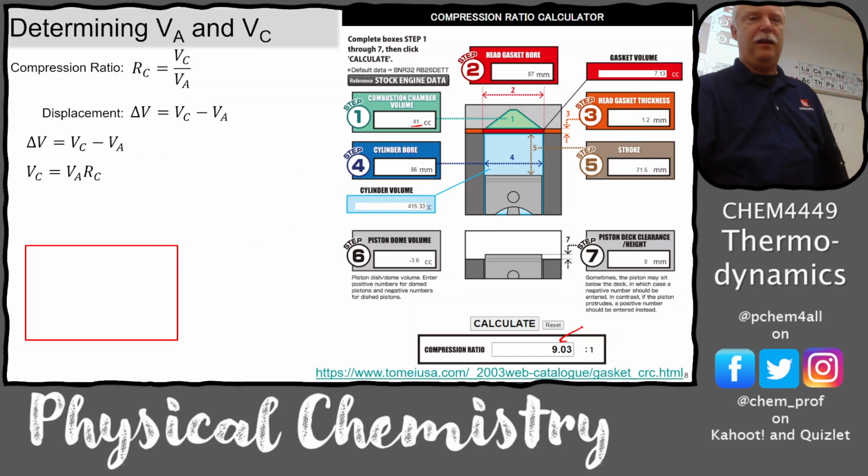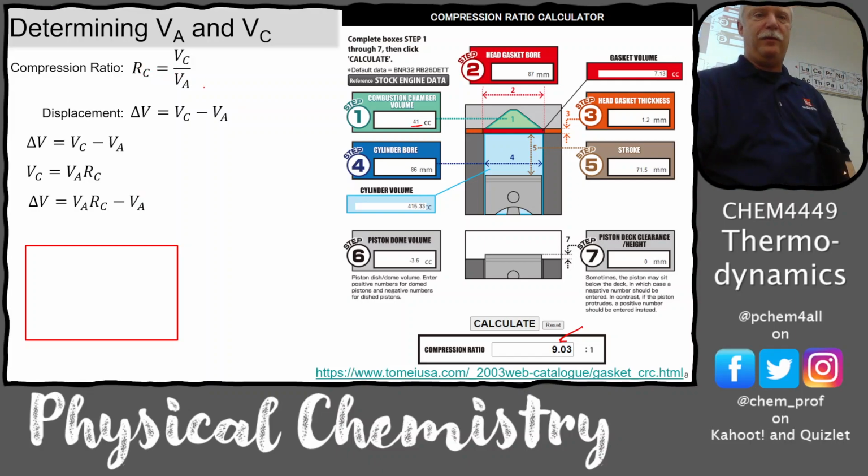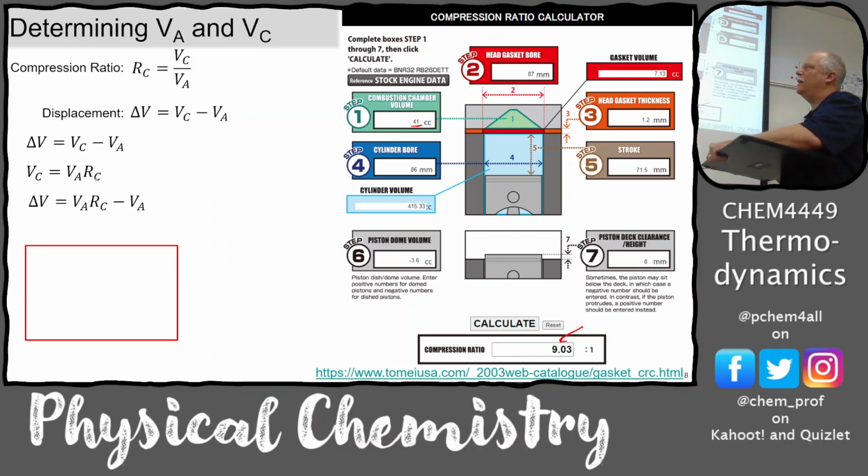So if we multiply up here both sides by VA, VC is equal to RC times VA. So if we knew VA, then we would be able to get that. We can take that VC piece here and plug it in to the delta V equation. So now I've got this equation.